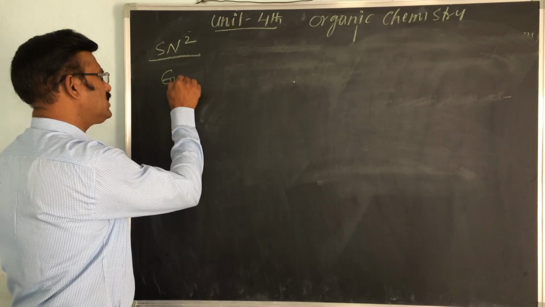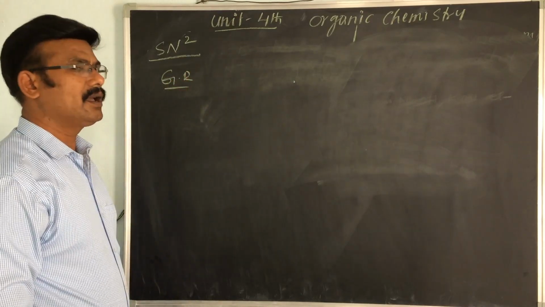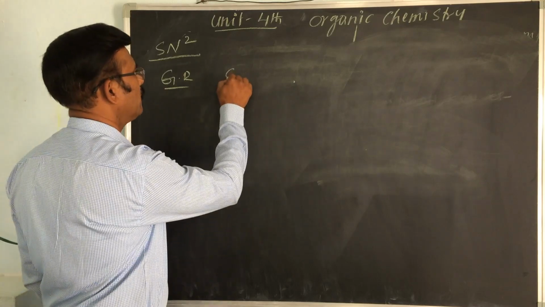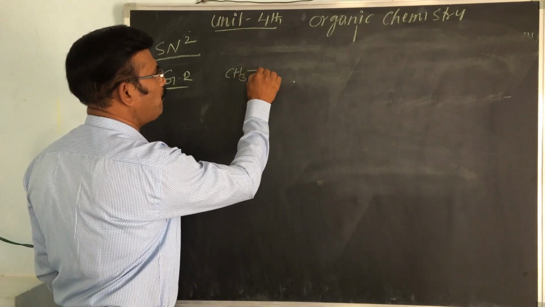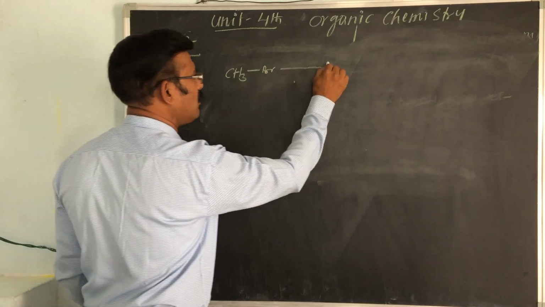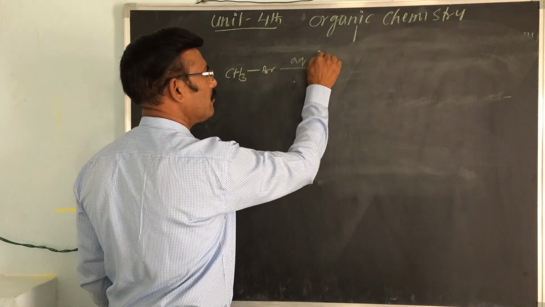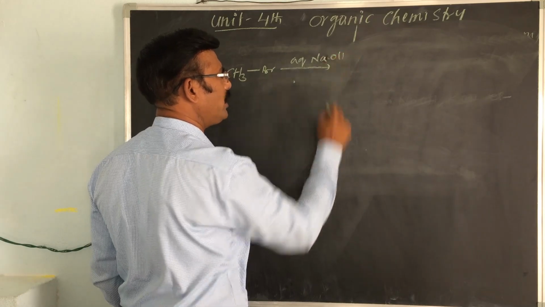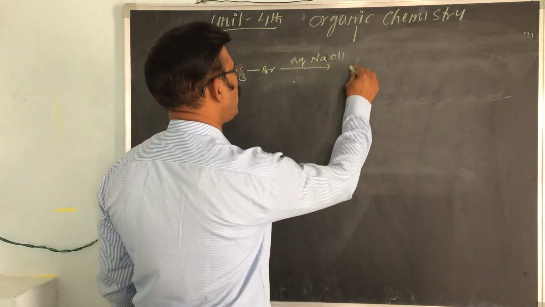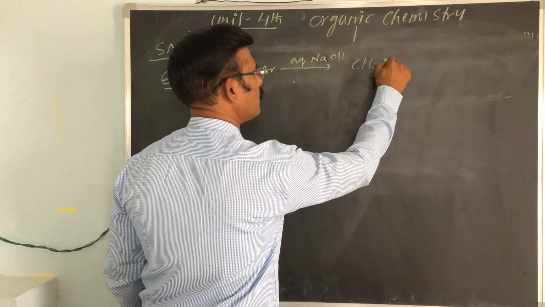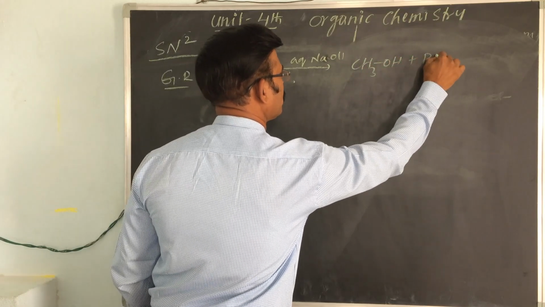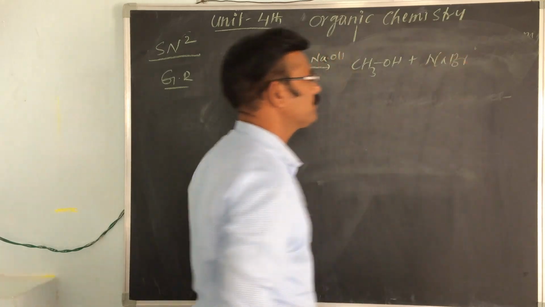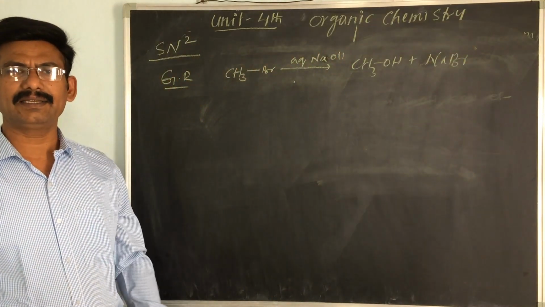In the general reaction, take alkyl bromide, for example methyl bromide. Methyl bromide when reacted with aqueous sodium hydroxide forms methanol plus sodium bromide. This is the general reaction.